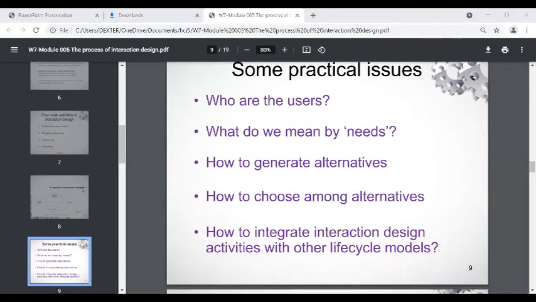First, who are the users? Who are the user needs? How to generate alternative designs? How to choose among alternatives? And how to integrate interaction design activities with other life cycle models?